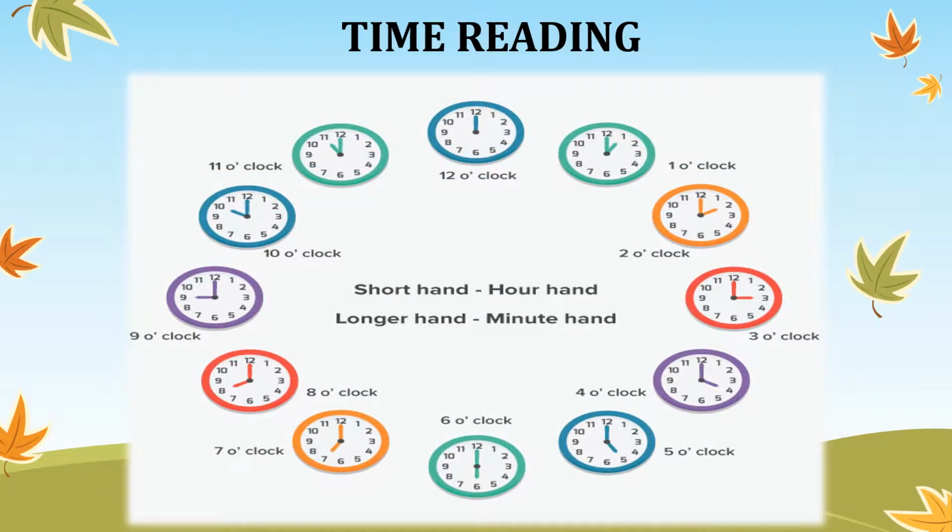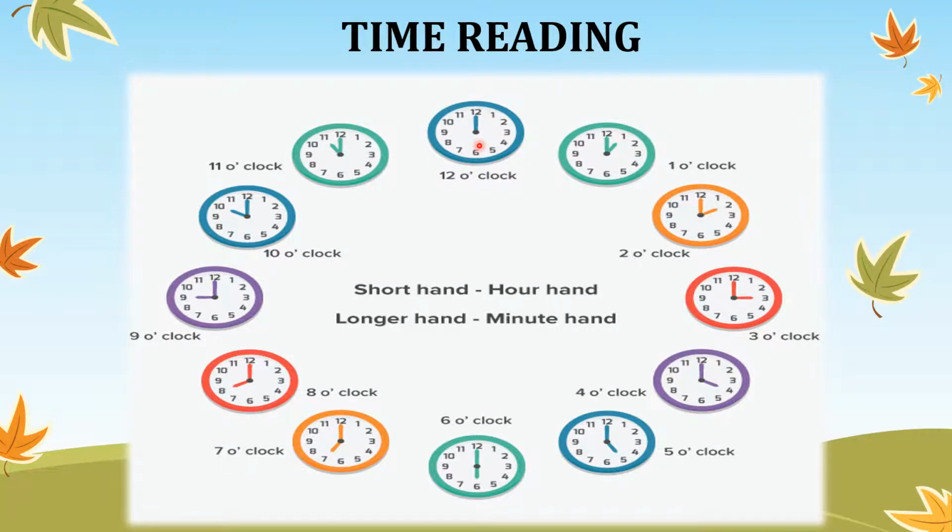So students, I dictated this time reading to you yesterday. मैम ने कल आपके लिए time reading करी थी. Now it's your turn with me to read the time. Let us start with the first clock. The first clock is 12 o'clock.